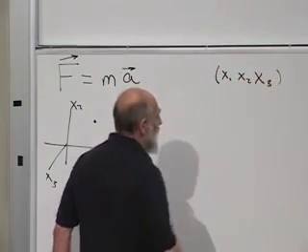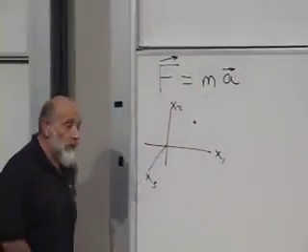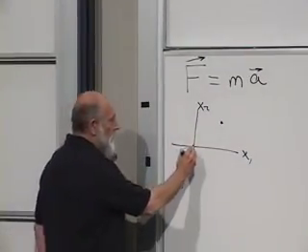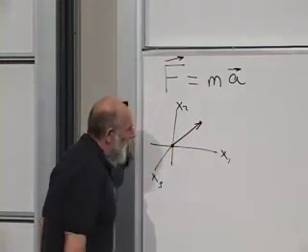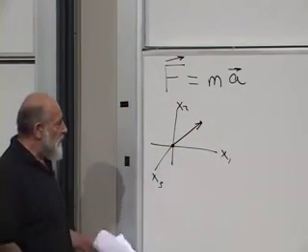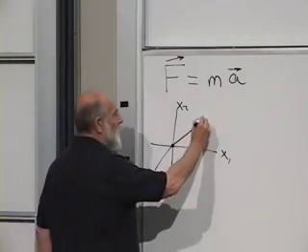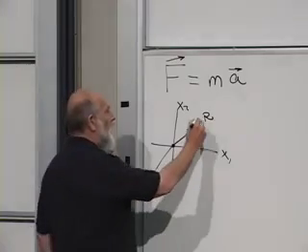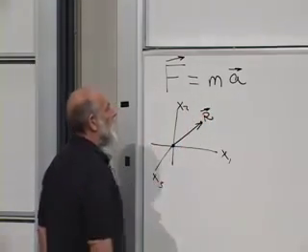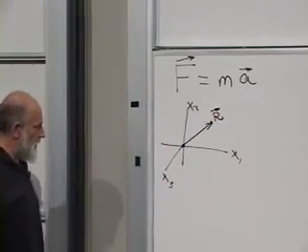Incidentally, x1, x2, and x3 are components of a vector. They are components of the position vector of the particle. The position vector of the particle I will often call either small r or large r, depending on the particular context.